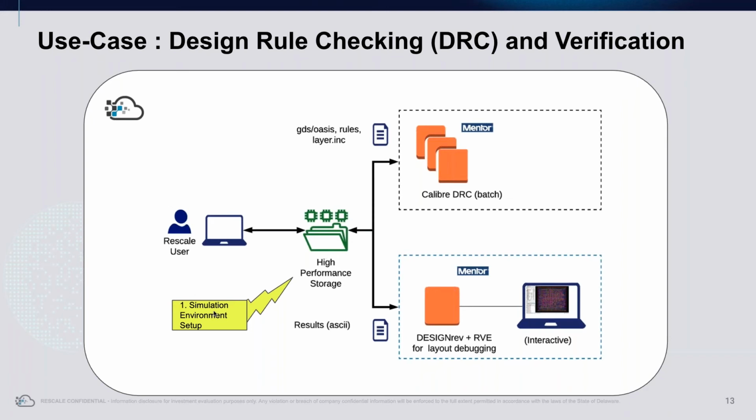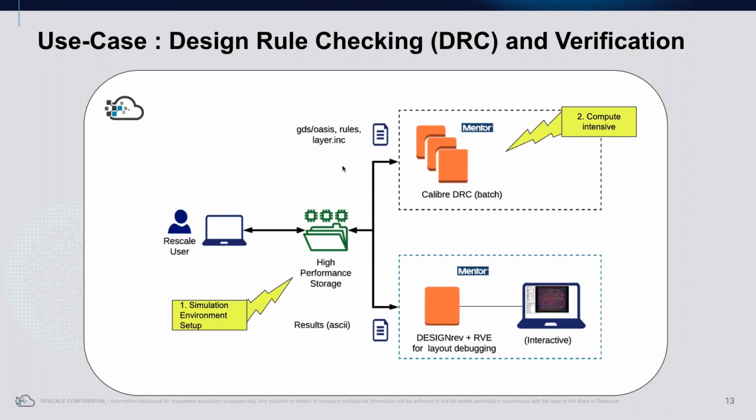Once your simulation environment is set up, you can run many jobs against it, concurrent jobs, or multiple users can pull data from it and start running their own workloads as well. So this is the first step. The second step is running Calibre DRC itself. Here, the most efficient way of doing this is to run it in batch.